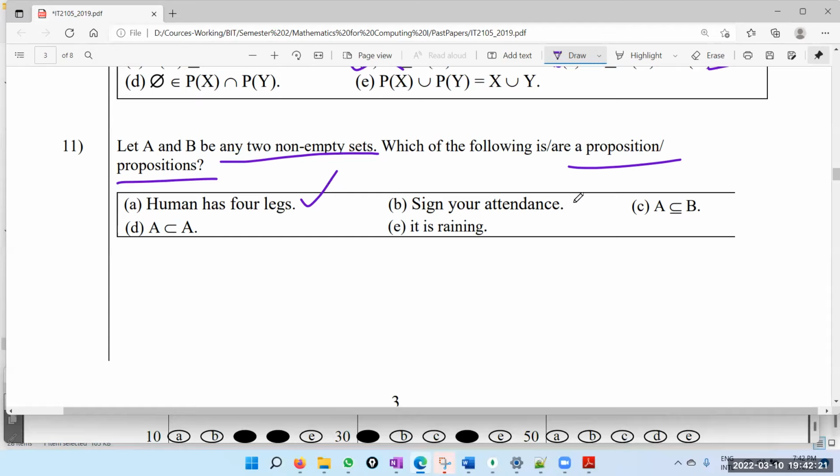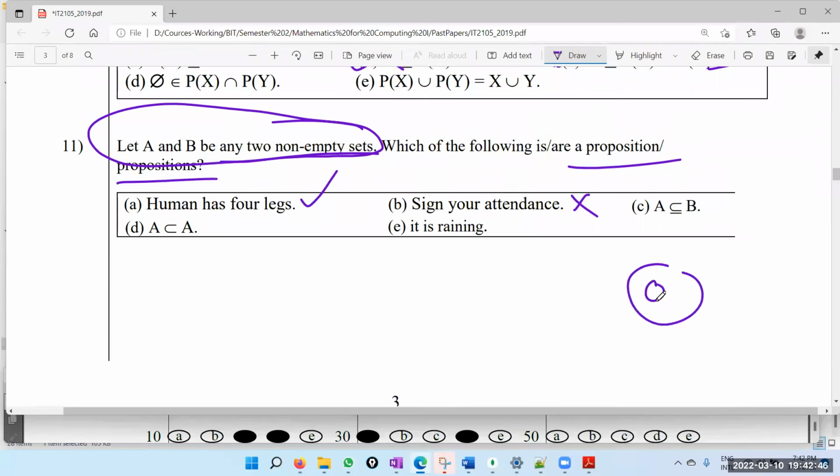So therefore this is not a proposition, right? It's some sort of a command. It says let A and B be any two non-empty sets. Any two non-empty sets, right? So therefore, how can we say that A is a subset of B? Can we say like that? A and B are non-empty and it can be any two. Right?